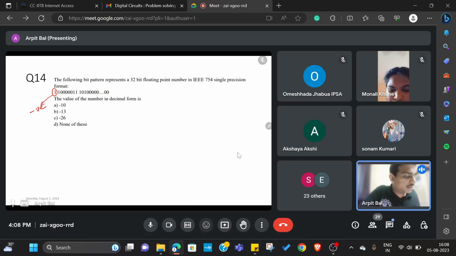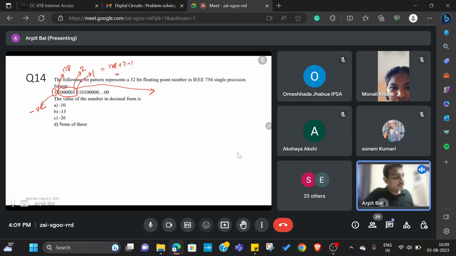The next thing that we see is the exponent. This bit represents 128, this bit represents 2, this bit represents 1. So this value is 128 plus 2 plus 1, that is 128 plus 3, equal to 131.